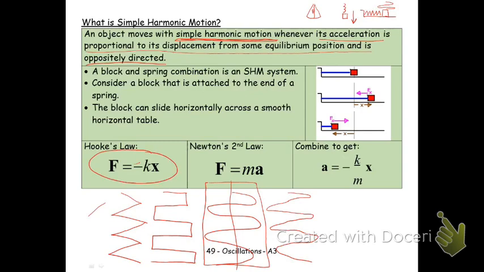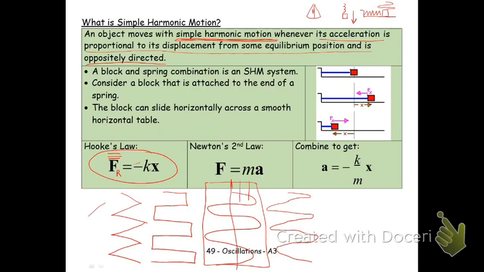So we say the restoring force, Fr, is equal to minus kx. What this says is that the restoring force is linearly proportional to the displacement from equilibrium. That's what x is. If I double my x, I get double my restoring force. If I'm twice as far away from my equilibrium, I get twice the restoring force. If I'm 3 times farther away, I get 3 times the restoring force.